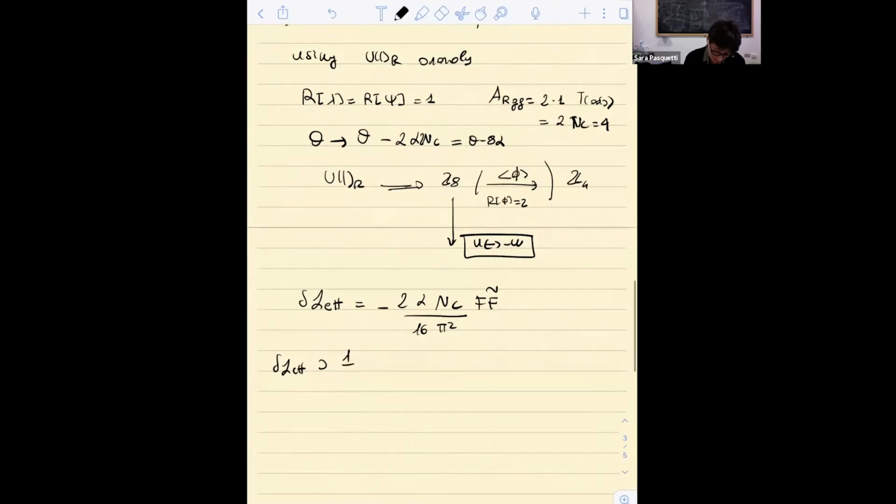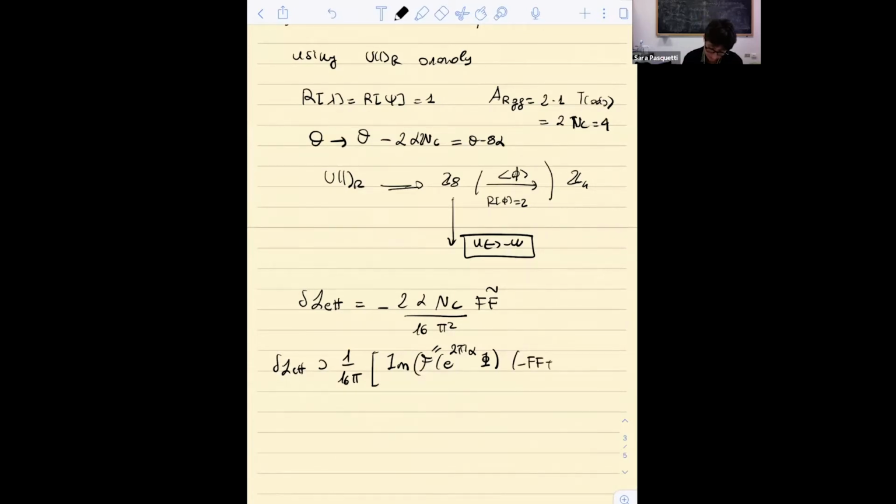So inside the effective action, I look for the part containing F F tilde. Here I'm doing the anomalous rotation acting on phi, on the chiral field.